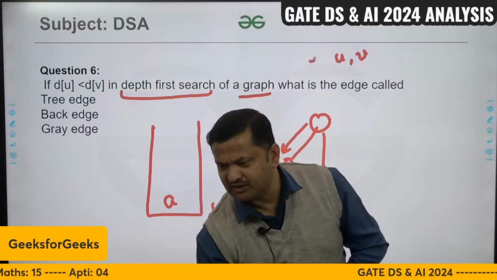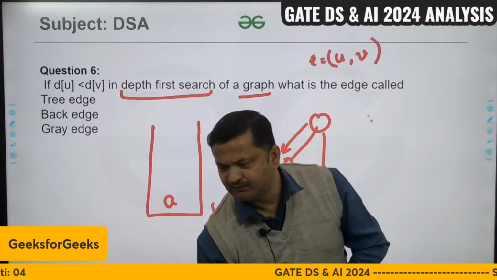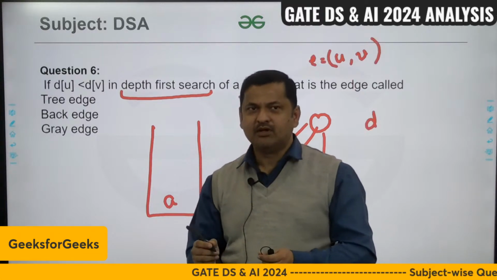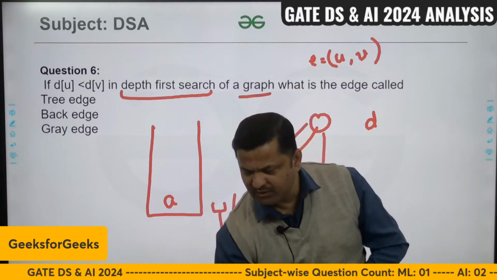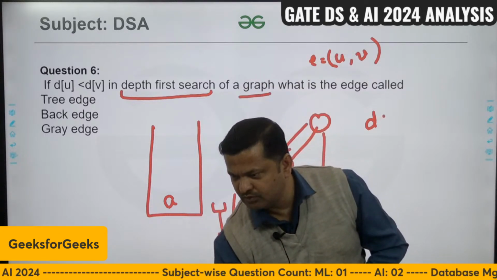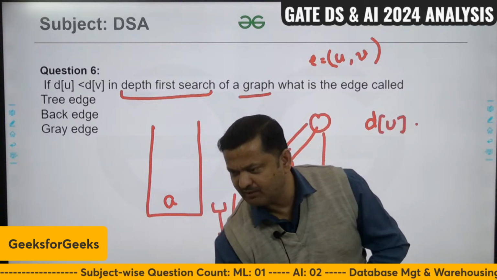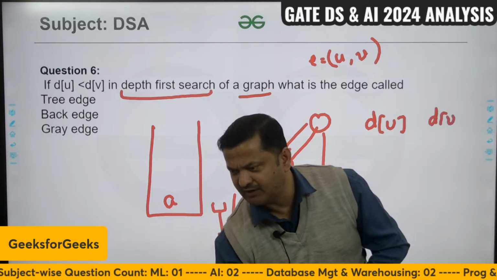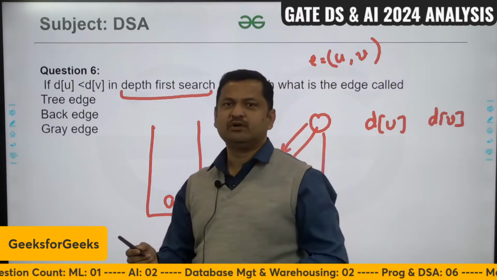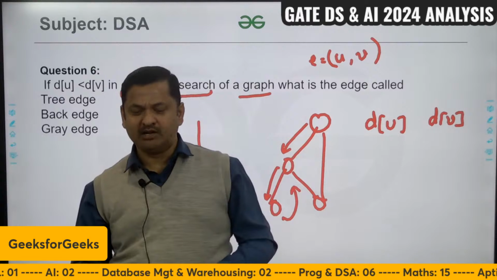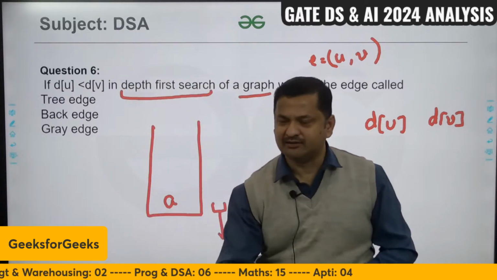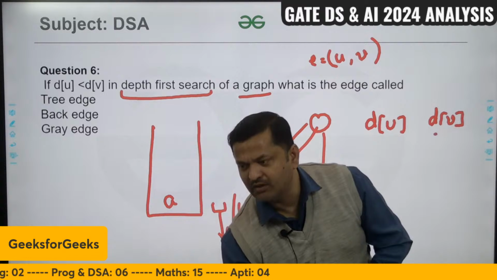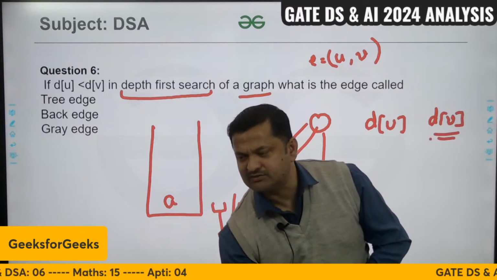In that case we can look at the discovery time of a particular node. So the discovery time of u and the discovery time of v are compared, and whenever we backtrack, only then will v appear in the backtrack scenario.